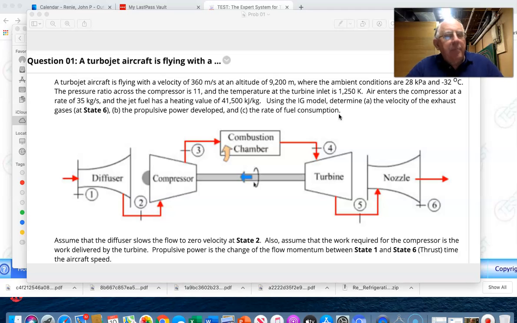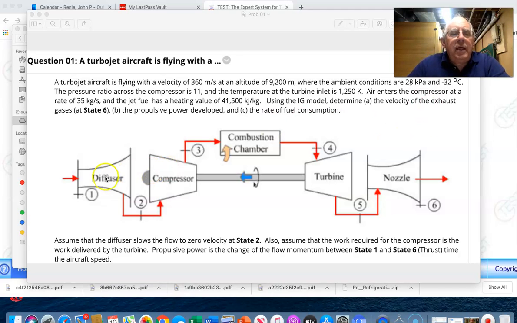gas power plant problem. What's given in the problem is that the velocity coming in is the velocity of the aircraft itself, which is 360. It's coming in at state 1 with static conditions of 28 kPa and minus 32 Celsius.